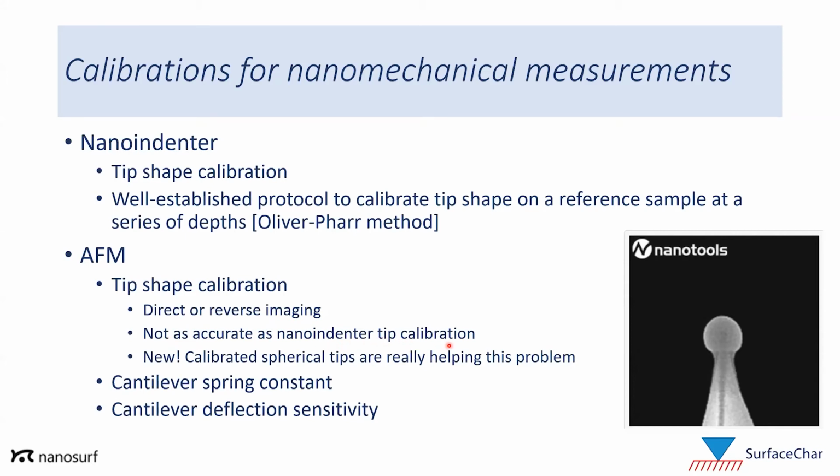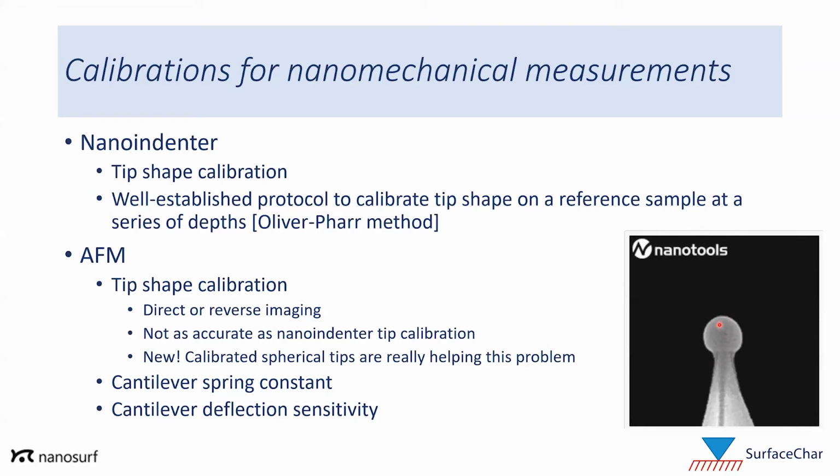And so one thing that's been done to address this in the tip manufacturer community over the past year are calibrated spherical tips that they are now developing that look like this, where you actually have this little sphere on the end of your tip. So now we have a well-known geometry, a sphere, as well as radius, at least at the outset when we're imaging.